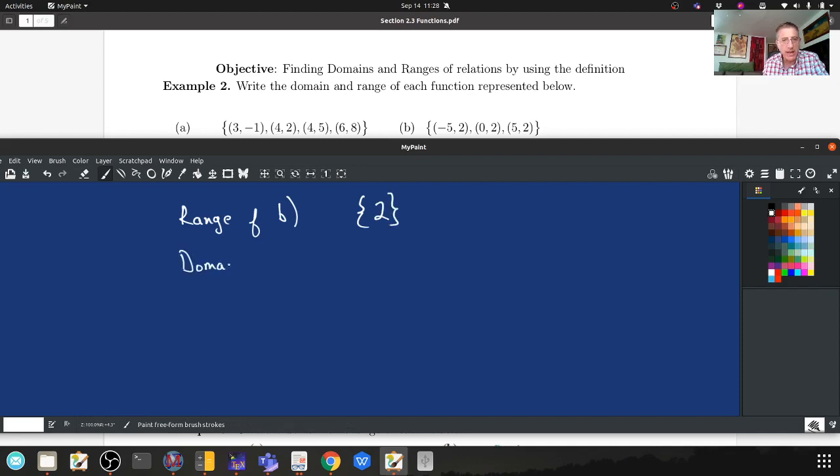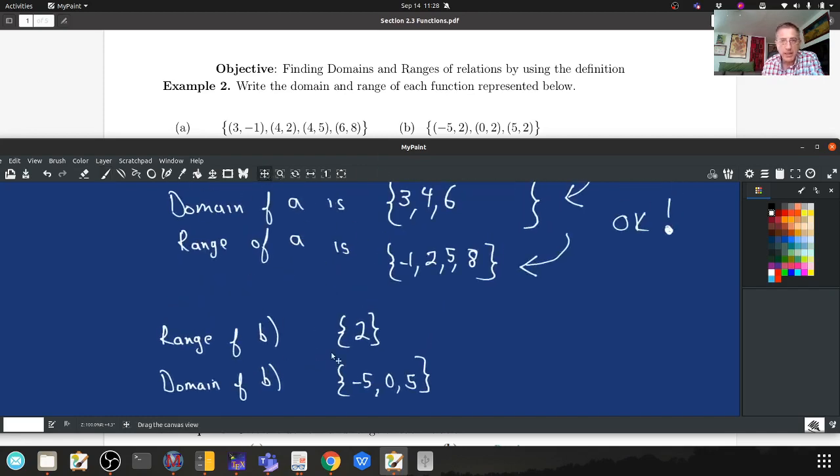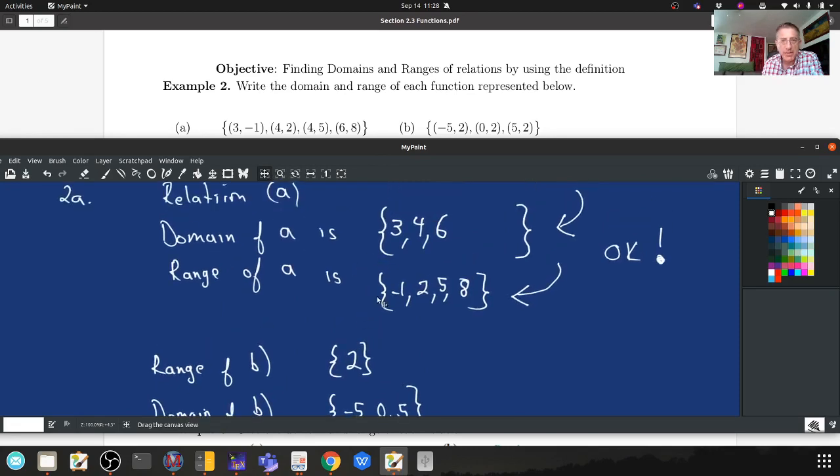Remember, I did the range first. Well, we have a -5 and a 0 and a 5. So again, we have more elements in our domain than in our range, and that's perfectly fine.